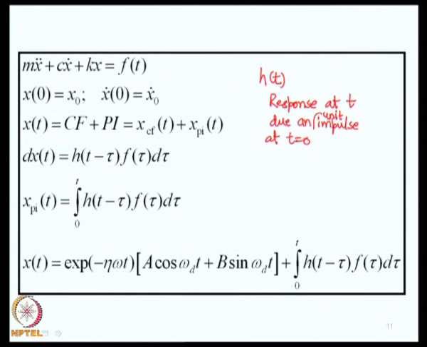But now we are applying at t equal to tau and the magnitude is f of tau d tau. Now this is the response due to that single impulse. So now the total response is the summation of the response due to the train of impulses, and that becomes integral 0 to t h of t minus tau f of tau d tau. This integral is known as the convolution integral or the Duhamel's integral.